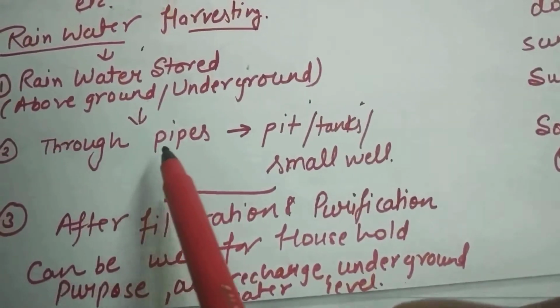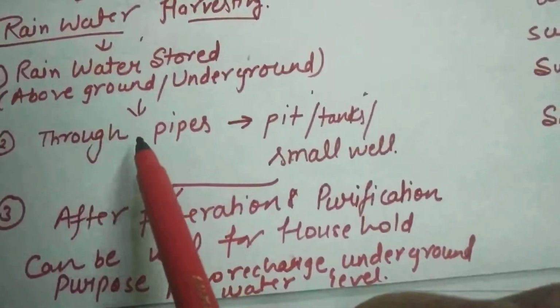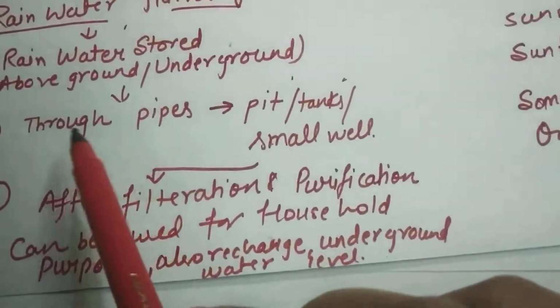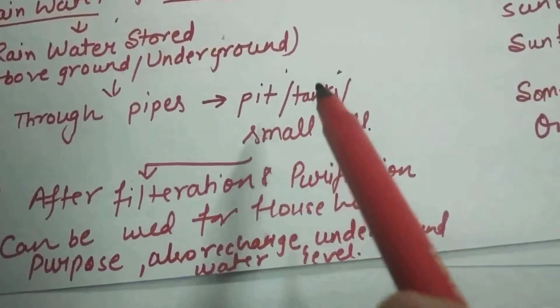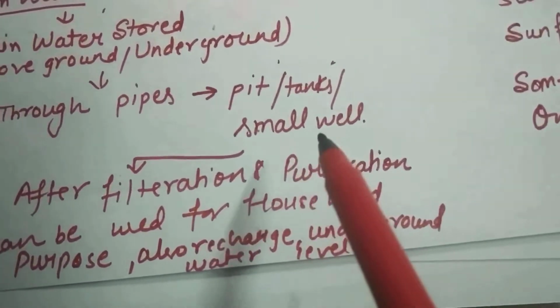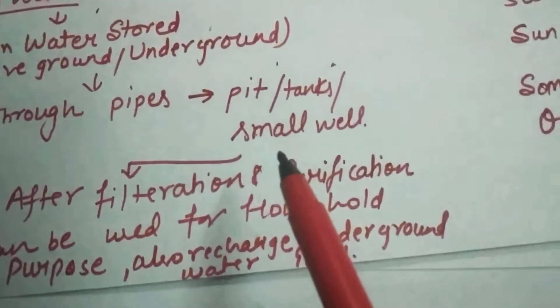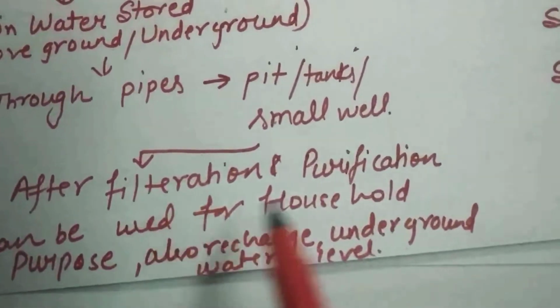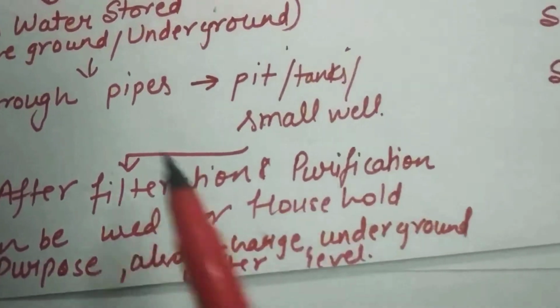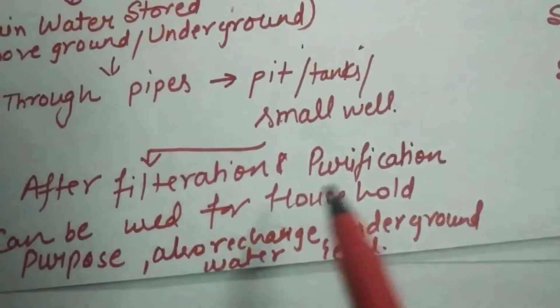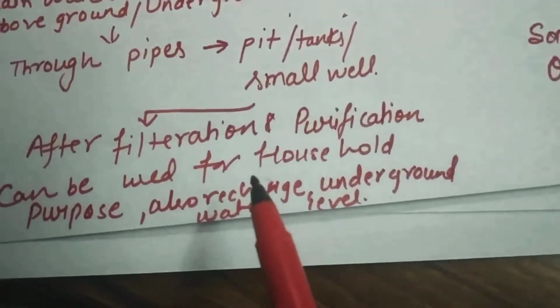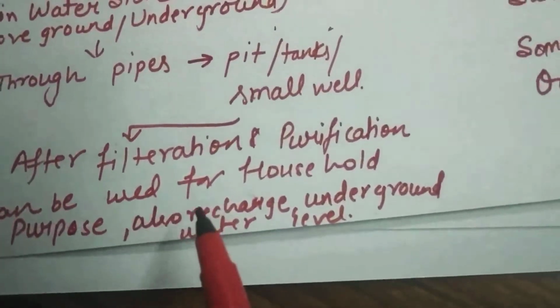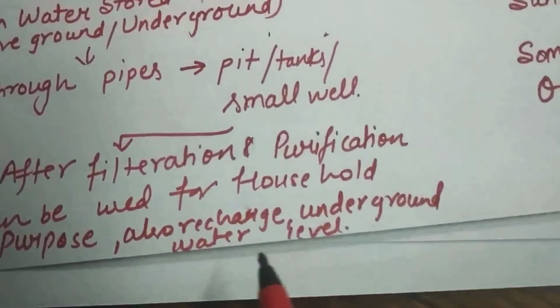Then through the large pipes, it goes to the pits, tanks or the small wells. And then because it will be a little impure, this filtration and purification is very much required. So after filtration and purification, it can be used for household purposes and it also recharges the underground water level.